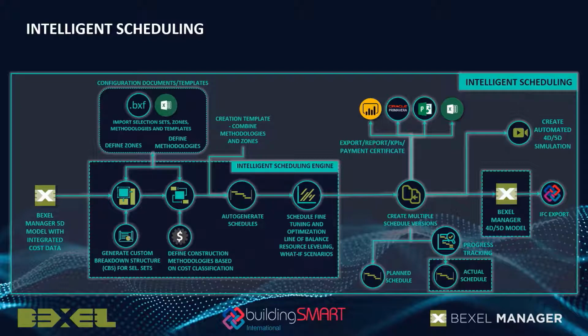To do this, we're gonna use the advanced scheduling engine, the intelligent scheduling engine, which is available in Bexel Manager, which will allow us to now utilize the information that was added during the cost classification development and to use it for the so-called methodology creation. That means the work sequence definitions of our schedule, combined with the zone definition or the spatial distribution of the works on our model, and trying to create the schedule automatically.